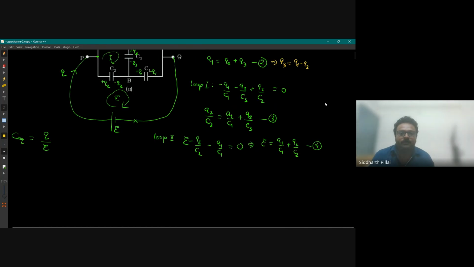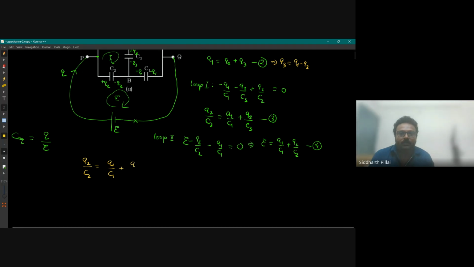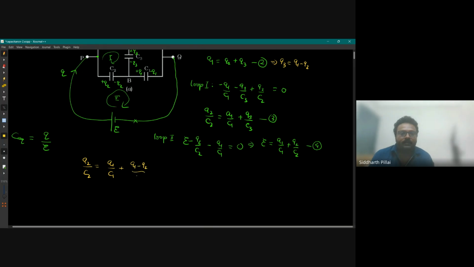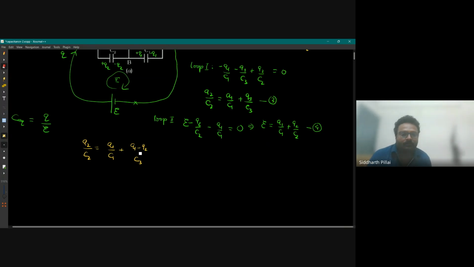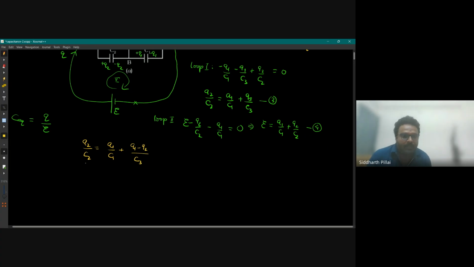So what does it give me? It gives me Q2 by C2 equals to Q1 by C1 plus (Q1 minus Q2) by C3. Fine. Now I'll separate Q1 and Q2. Let's write Q2 on one side.